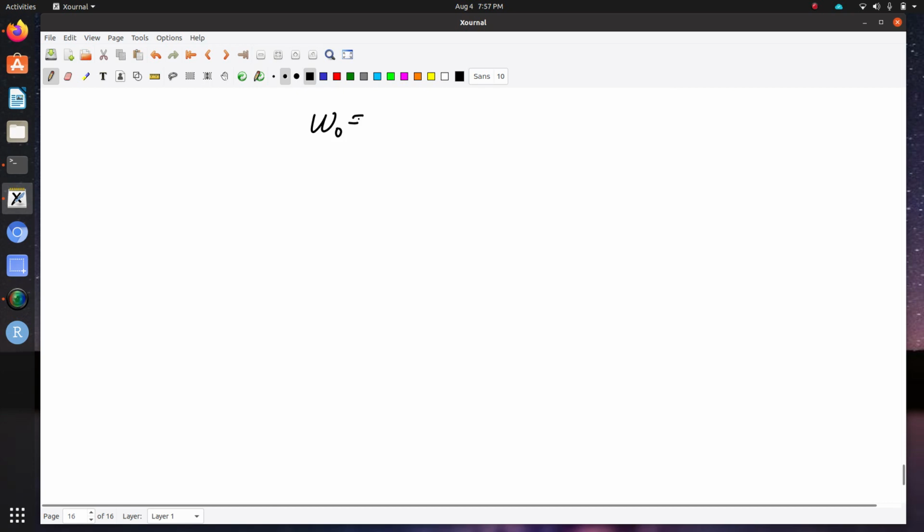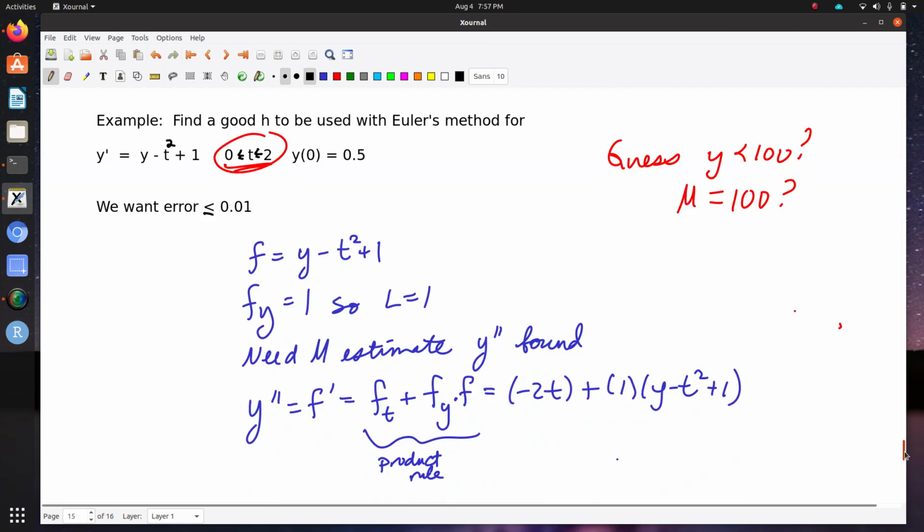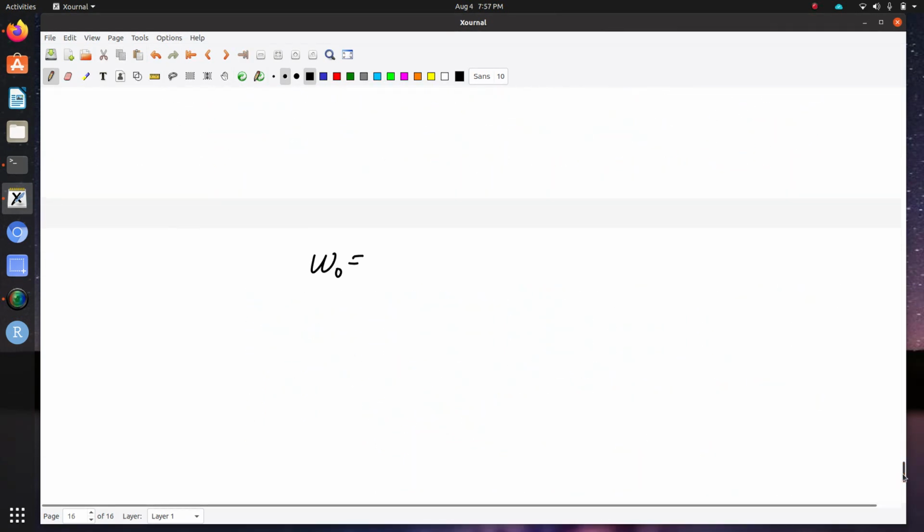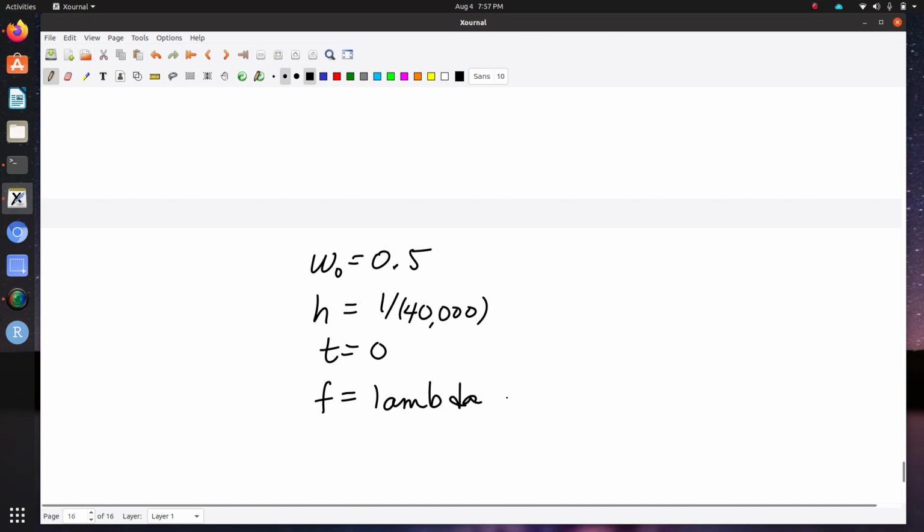If we were wrong about y, this will sort of justify the ends justify the means, because if y goes bigger than 100, then we'll have an idea of what to try next time. So we're going to try h as 1 over 40,000. It's just a huge number. t equals 0. f is going to equal something like lambda y, t: y minus t squared plus 1.